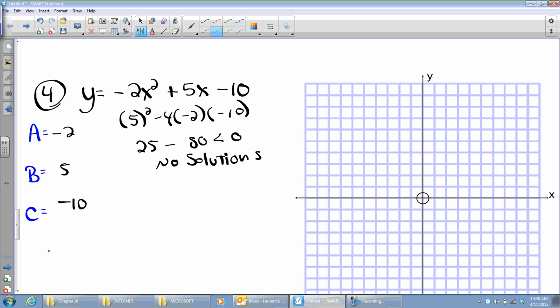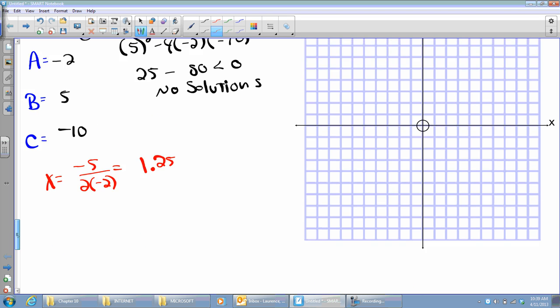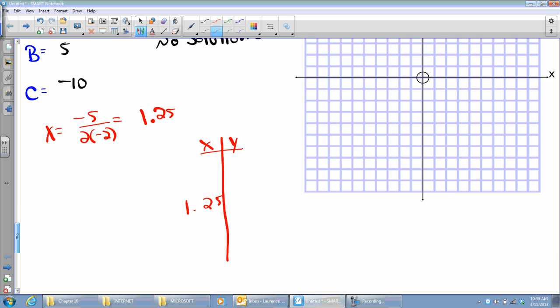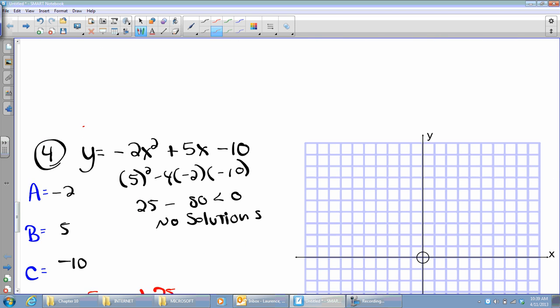So I'll go looking for my vertex, and again I'm going to get negative 5, and this time I'm going to get 2 times negative 2, and I'm going to end up with a positive, I won't make the same mistake, 1.25. So in a t-table, I'm going to put 1.25 in for x, and when I do that, I'm going to get negative 2 times 2.5 squared plus 5 times 1.25 minus 10.